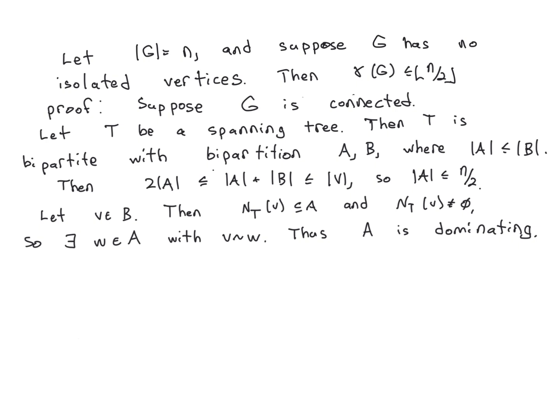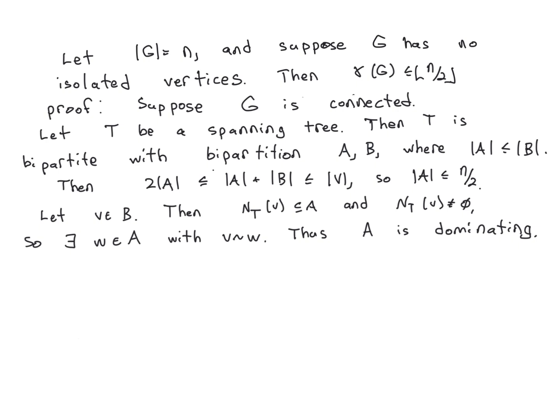So we just need to show that A is a dominating set. Well, given a vertex V, if it's in A, we're done. So we need to look at vertices that are not in A. If it's not in A, it's in B. Then a fact we can use is that we're assuming we have no isolated vertices. So of course, this means that every vertex has positive degree.